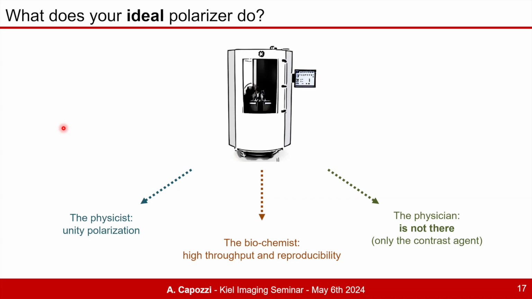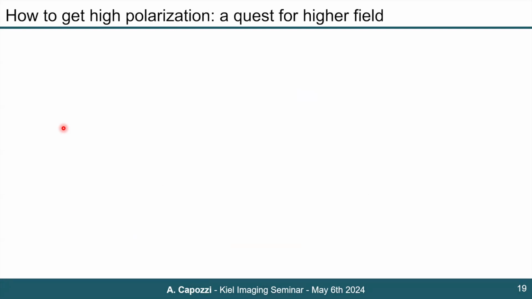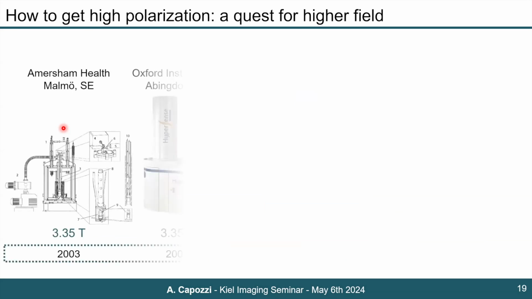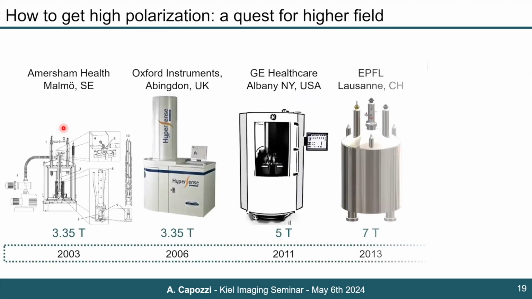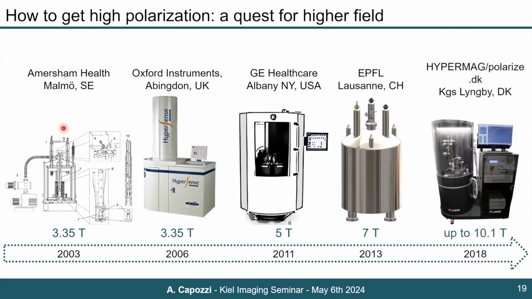So I will try to cover these 3 questions, and I will start from the first one, the one asked to the physicist. So how to get very high polarization. I have here a chronology of the polarizers built across the years. Dissolution DNP was introduced to the MR community in 2003 by Jan-Erik Ardenkjær-Larsen and co-workers.